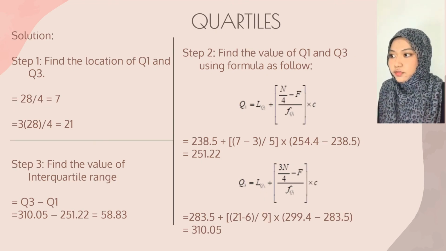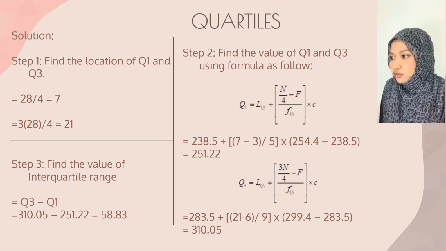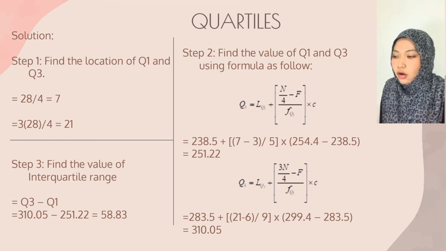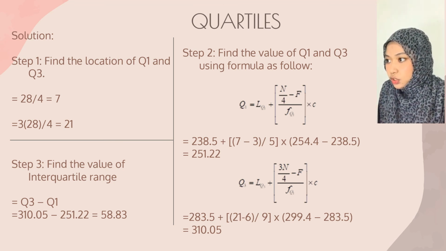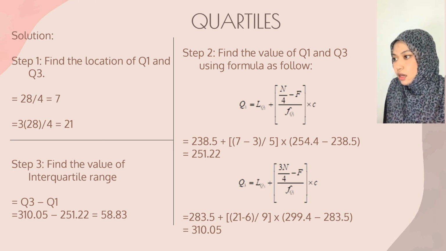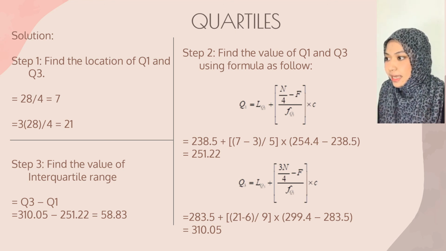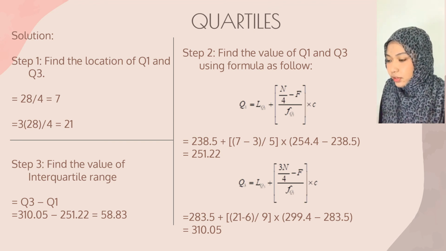So the first step of the solution in quartile is to find the location of quartile 1 and quartile 3. Q1 equals n divided by 4, where you replace n with 28, so you will get 7 for the answer.